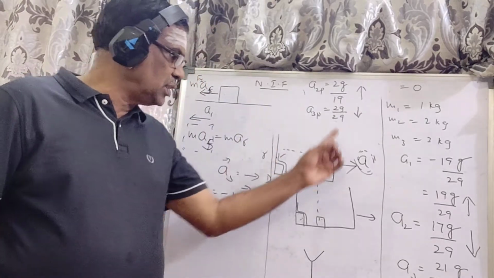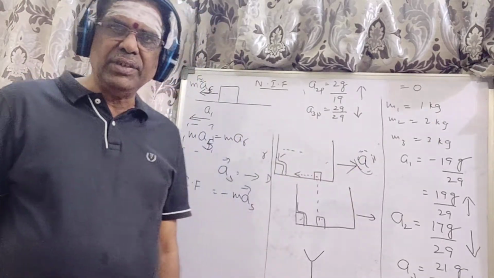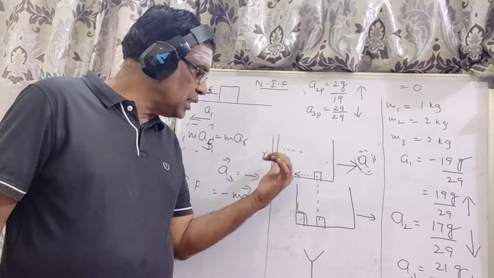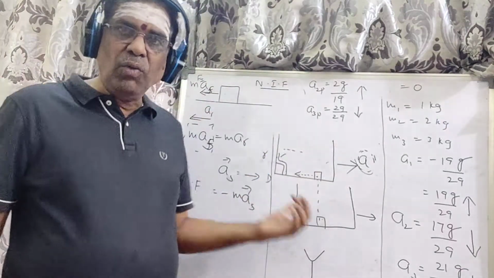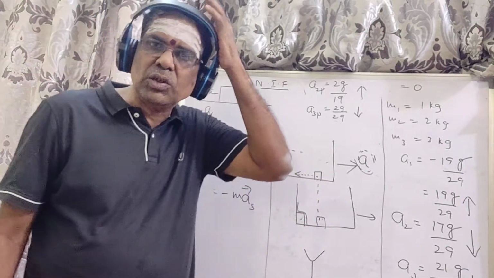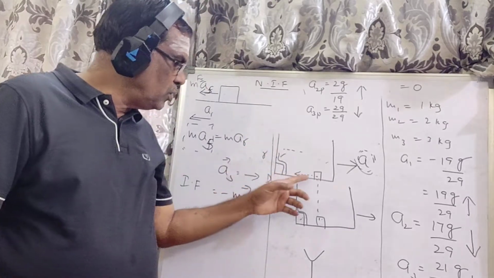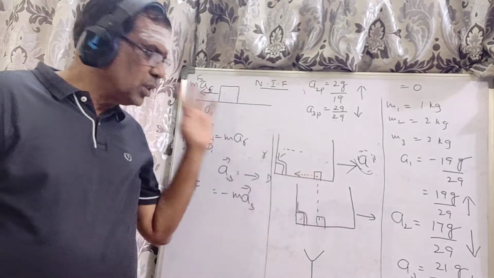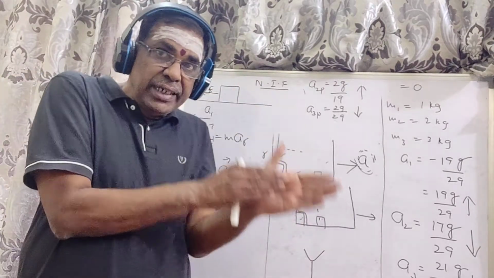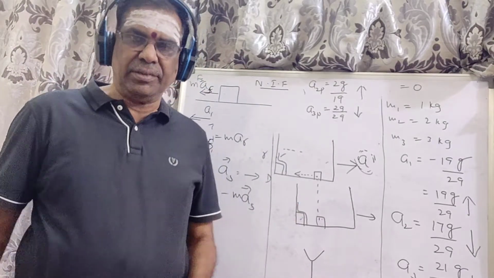If this whole system is accelerating with A, if I am inside and I want to observe it, I want to write the equations, I want to solve it, then what do I do? Apply a pseudo force on this in addition to the existing real forces.